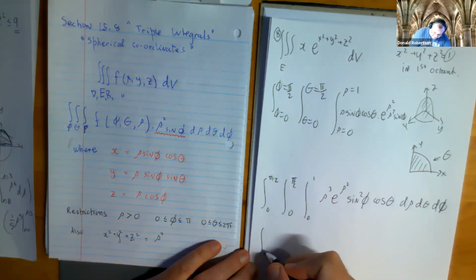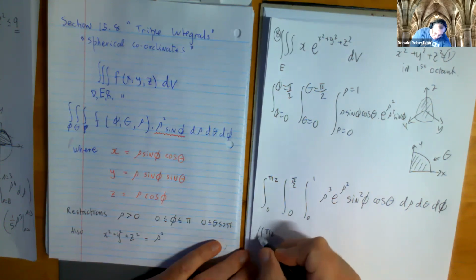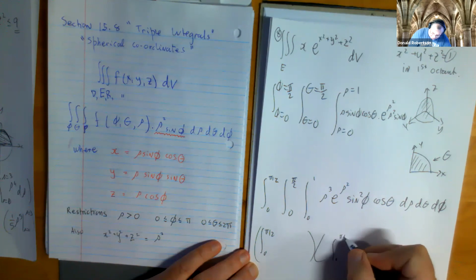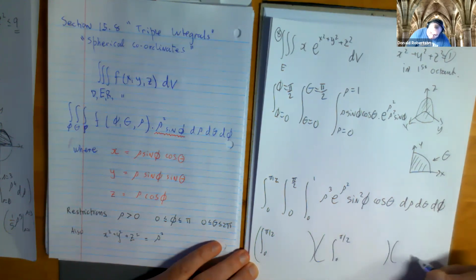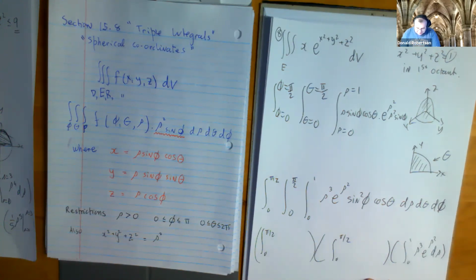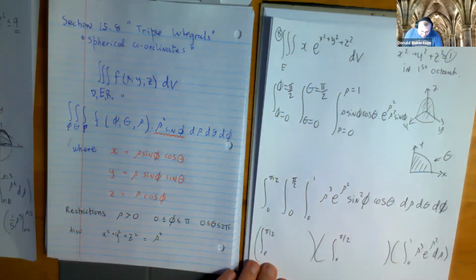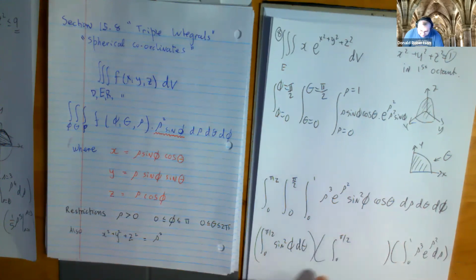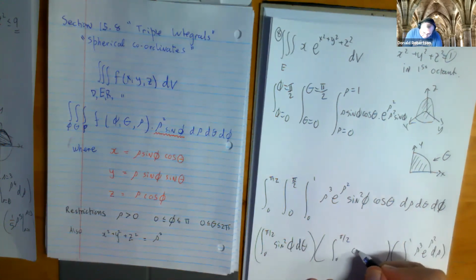And now split it because it's variable separable. That's this guy. Phi is sine squared. That's this guy. Theta is just a cosine.